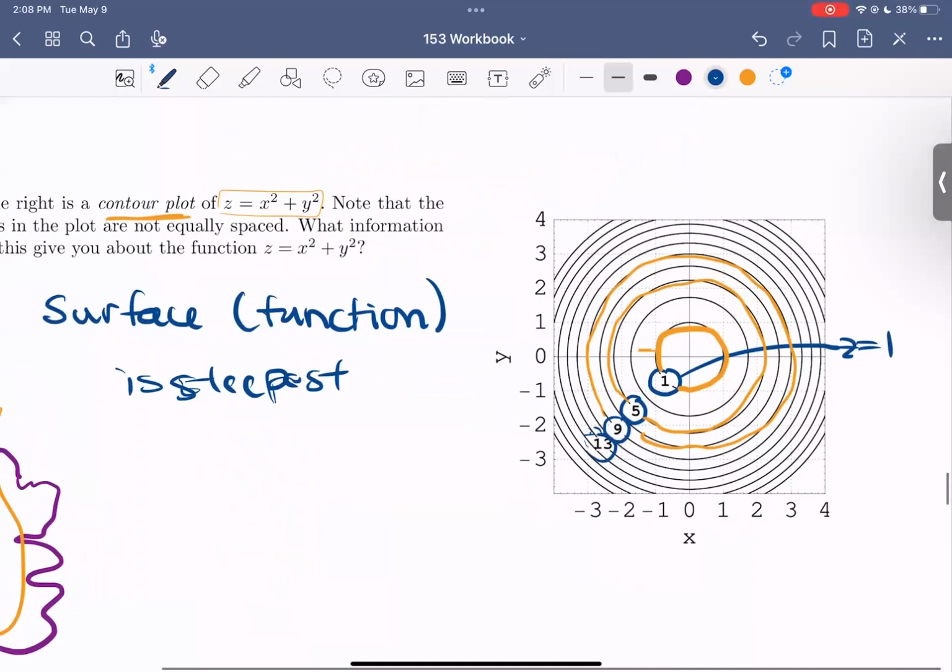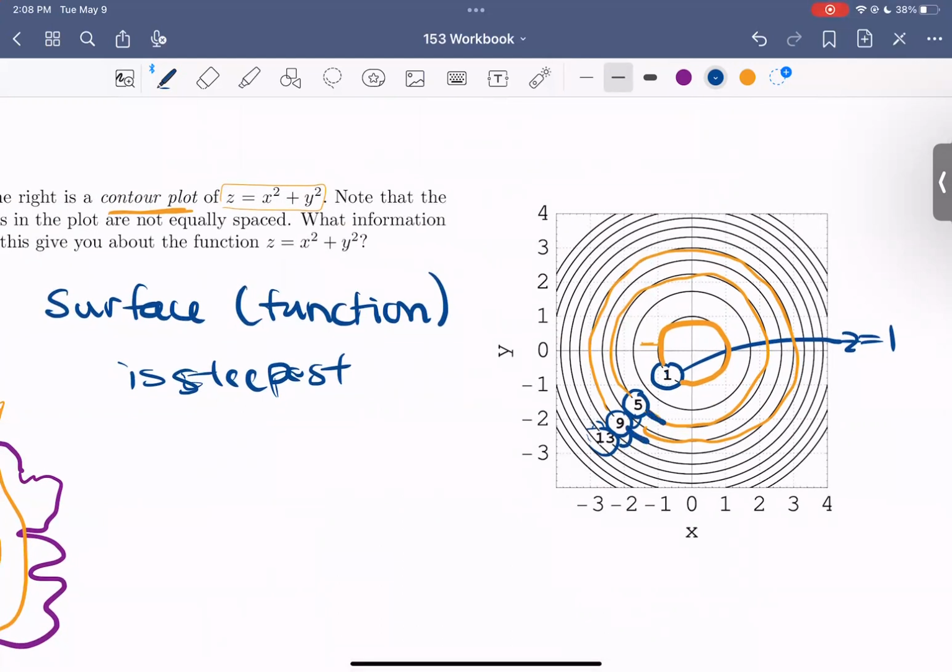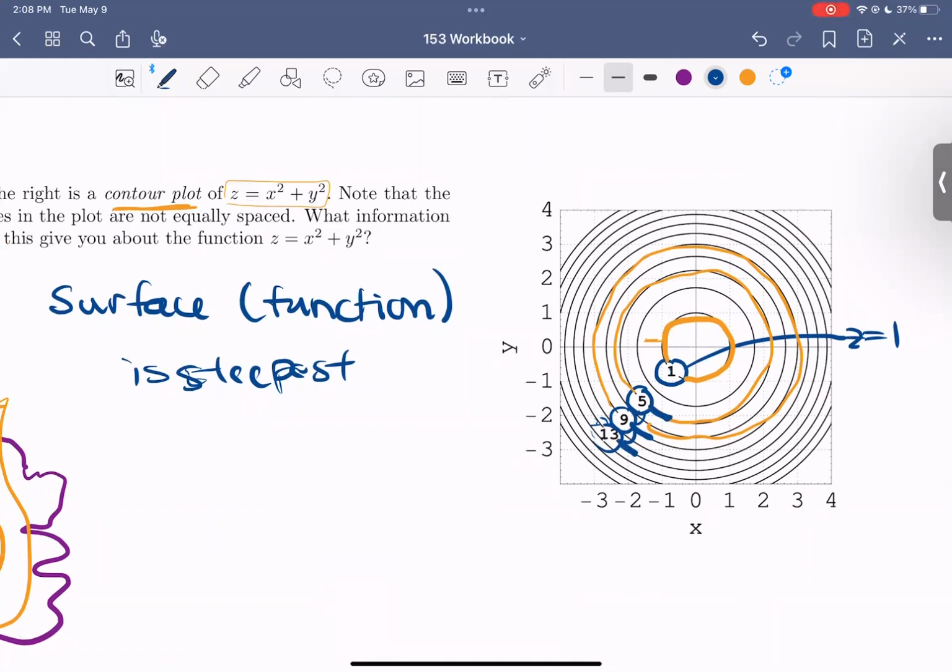Let's think through it together. It looks like these contours are 1, 5, 9, 13. Notice 5 to 9 is a difference of 4. So 5 plus 4 is 9, plus another 4 is 13. As we get larger and larger in the z direction, our circles get closer and closer together. What does that mean about the steepness of our function? It must mean that our function is steeper there.